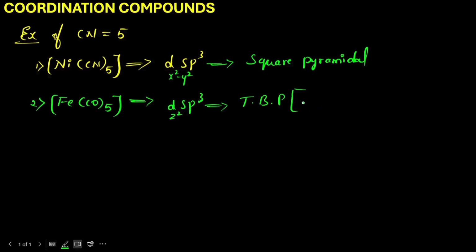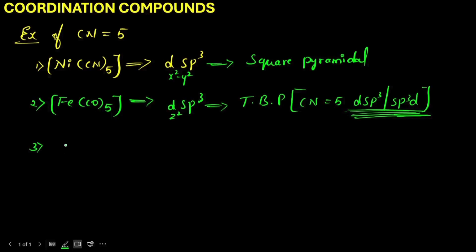Here you note down that for the coordination number 5, two types of hybridizations are possible: one is dsp3 and another one is sp3d. Initially I forgot to tell this point. Please make a note that for coordination number 5, two types of hybridizations are possible, dsp3 and sp3d.